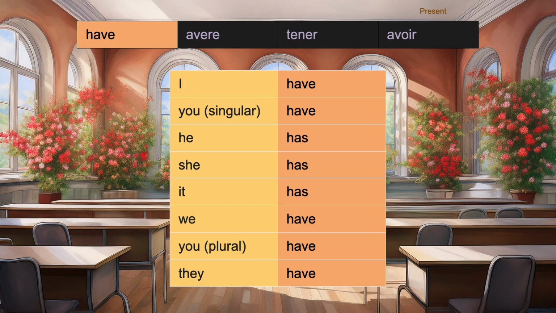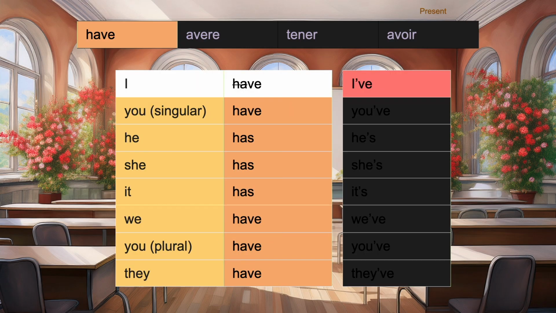Now let's look at how we make contractions out of these phrases. Instead of saying I have, you can put the two words together, delete the H and the A, add an apostrophe and say I've.